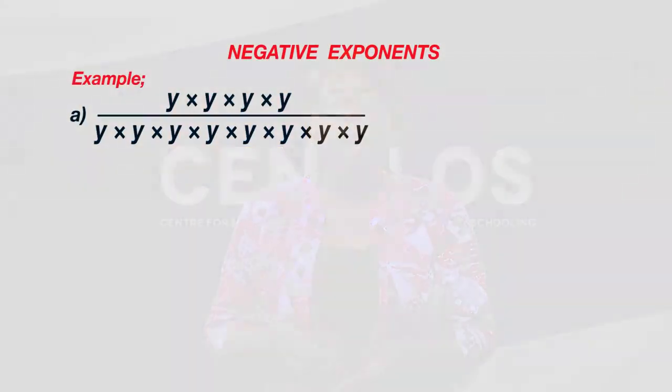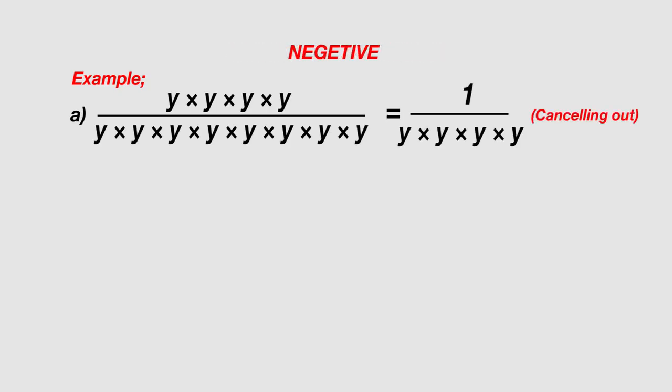So let's look at that. Supposing we divide y multiplied by itself 4 times by y multiplied by itself 8 times, and we cancel out. We are going to have 1 over y times y times y times y, or 1 over y raised to the power 4.